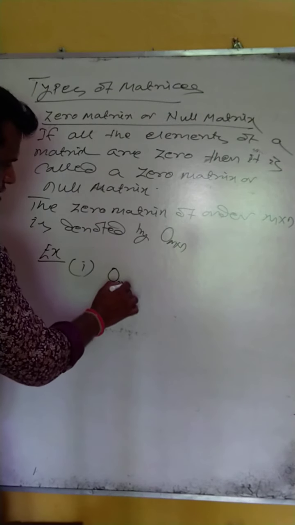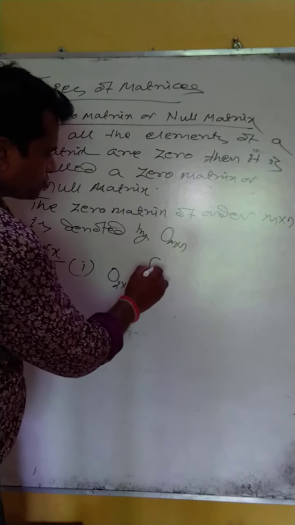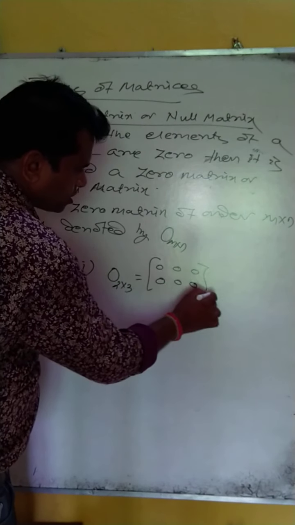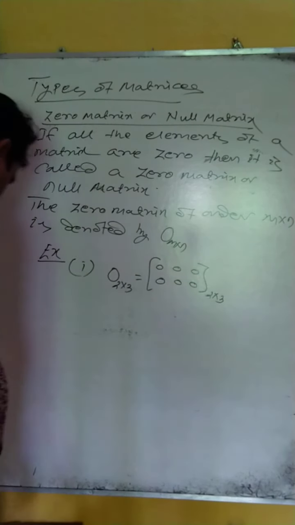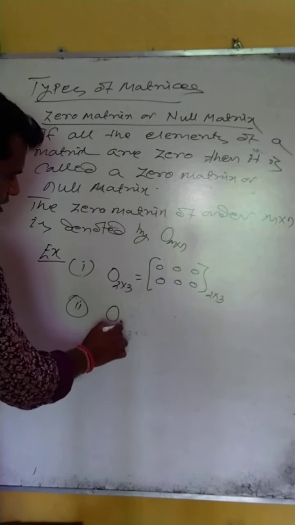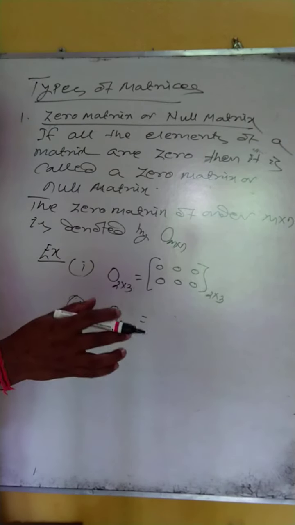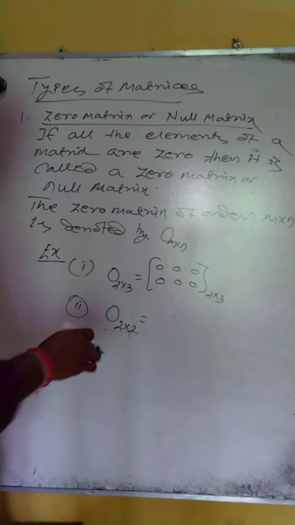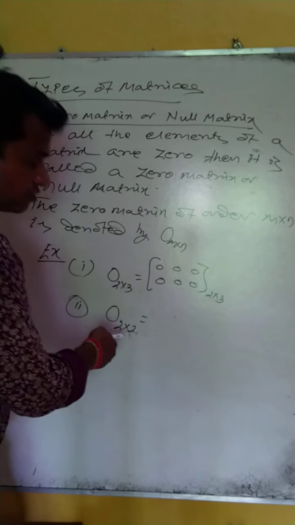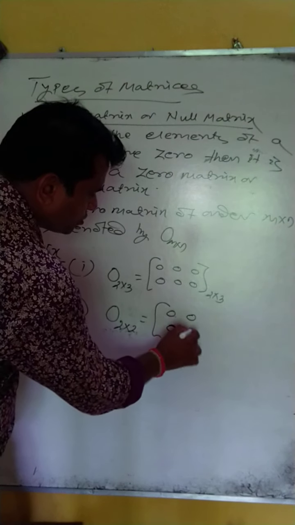Of 2 cross 3, that equals 2 rows and 3 columns, so we write 0 0 0, 0 0 0. That is called a zero matrix of order 2 cross 3. Similarly, if the number of rows and number of columns are equal, then we say order 2. So order 2 cross 2, or order 2, is 0 0, 0 0.